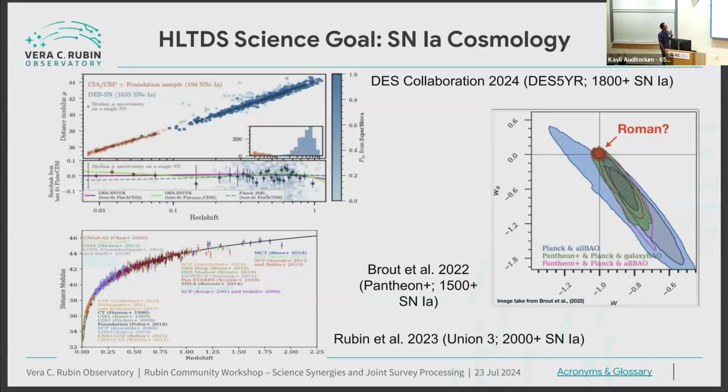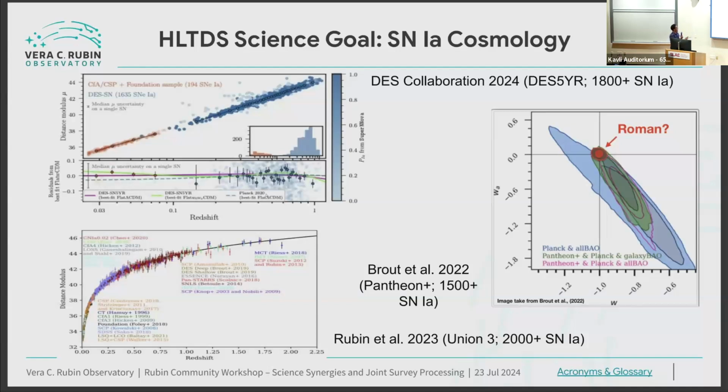And on the right is not a Hubble diagram, but a set of contours showing the constraints on wa and w0 from the Pantheon Plus sample that consists of 1,500 type 1A supernovae. The right plot and the bottom left plot overlap in data quite a bit, and they both come up with similar conclusions about the shape and size and location of the wa contours.